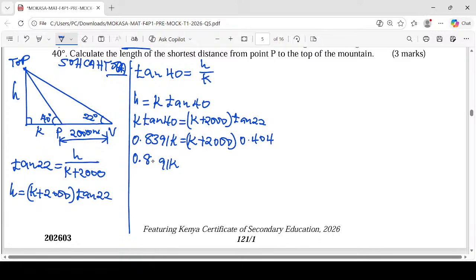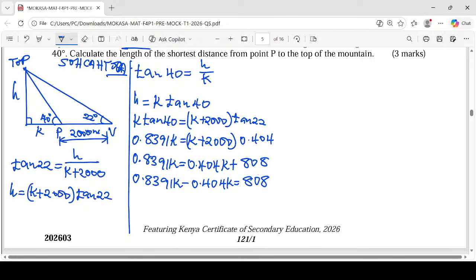0.8391k is equivalent to 0.404k plus, when you take 2000 and multiply by 0.404, this gives you 808. Then you collect like terms, this will be 0.8391k minus 0.404k. This should be equivalent to 808.